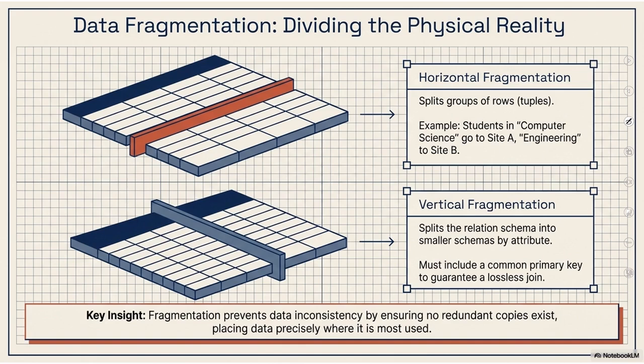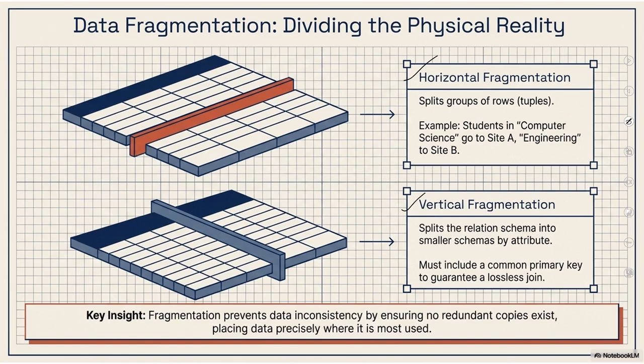The next topic is data fragmentation: how we fragment our data in a database, in a table, how our data is fragmented. We have two types of fragmentation, horizontal fragmentation and vertical fragmentation.